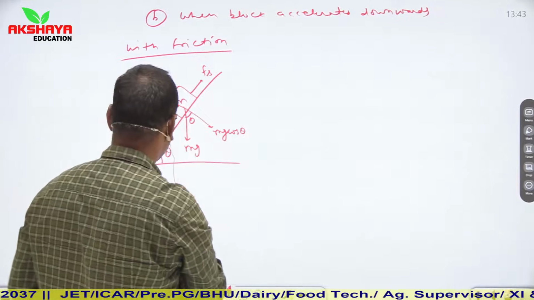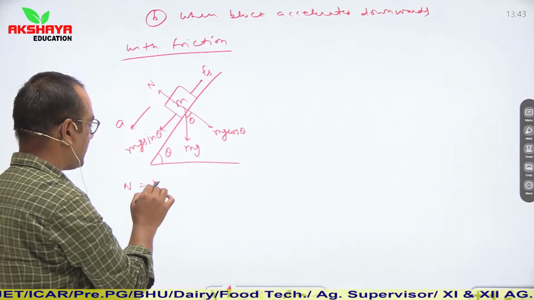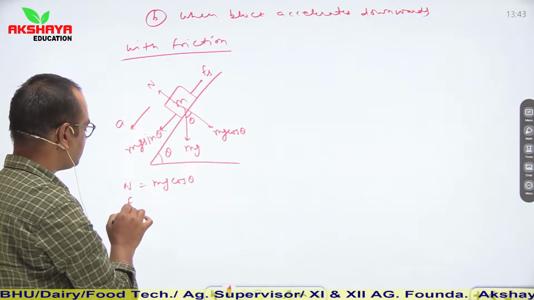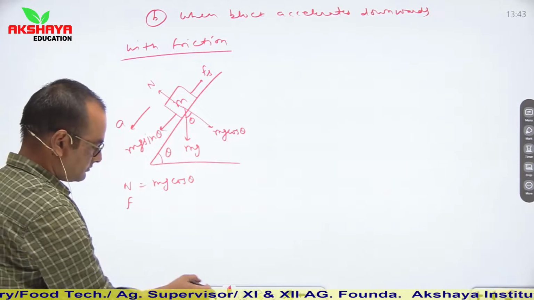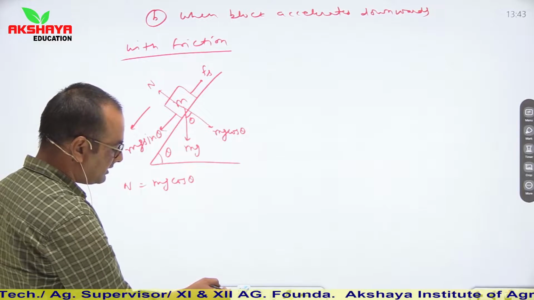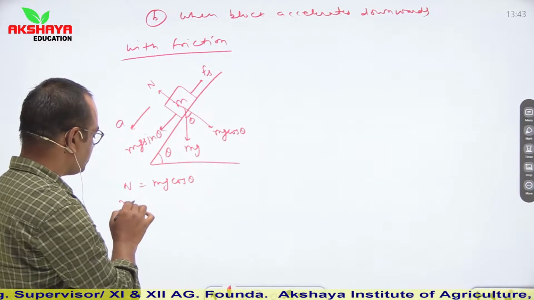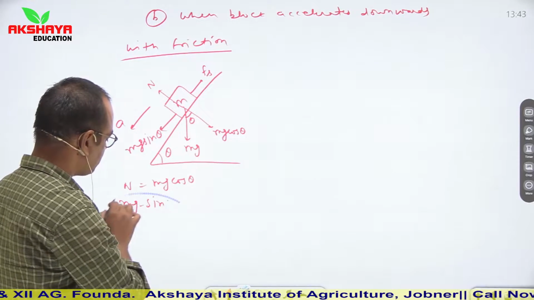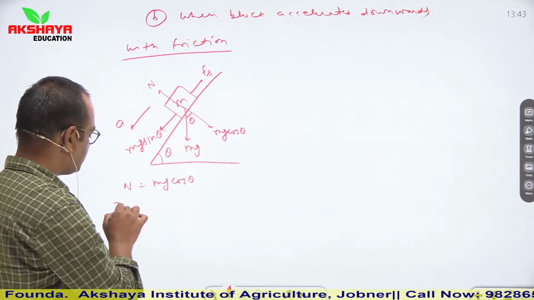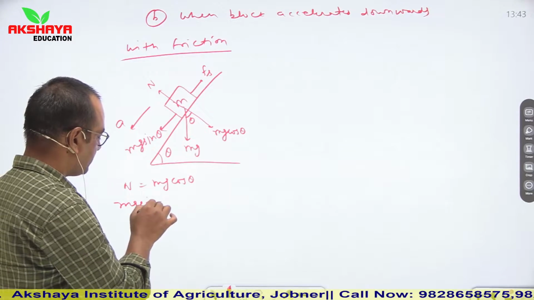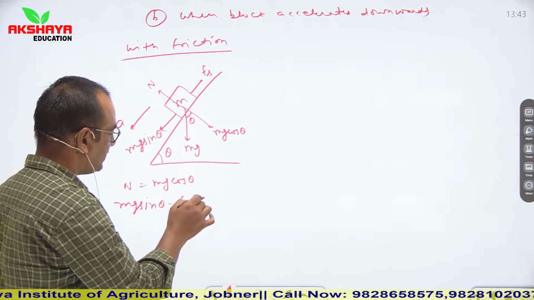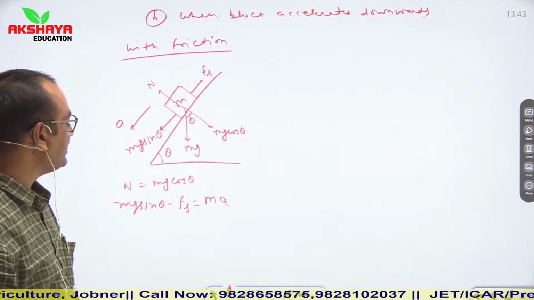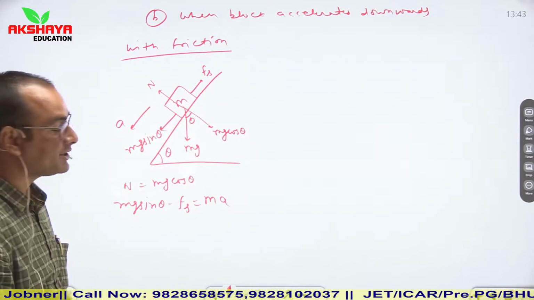So first thing is n is equal to mg cos theta. And second thing, Fs is smaller than mg sin theta. So mg sin theta minus Fs is equal to ma. Resultant of Fs and mg sin theta will give force due to acceleration.